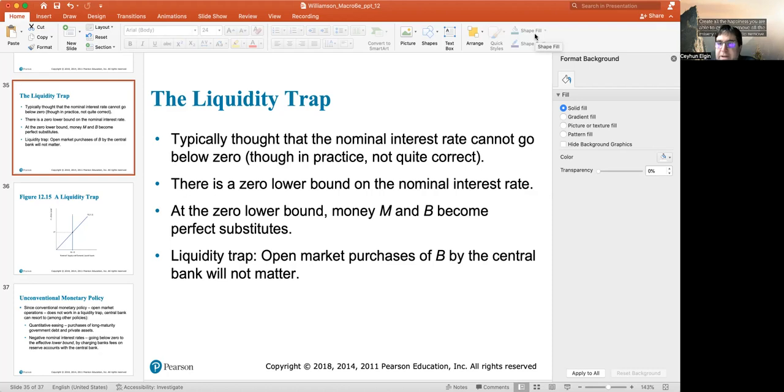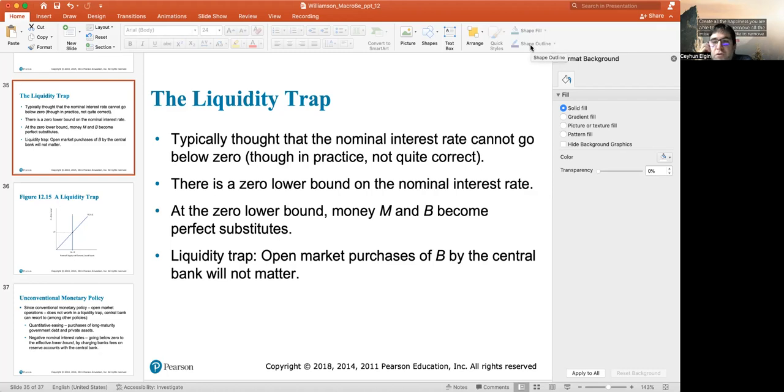So there is a lower bound for the nominal interest rate. It can be 0, or slightly negative, but there is some lower bound for it. This is called the liquidity trap, because at that time there is no more room to reduce the interest rate, so to speak.